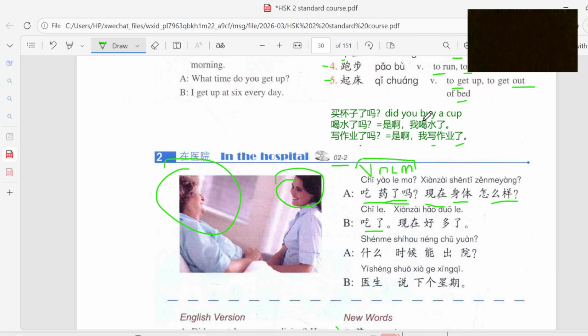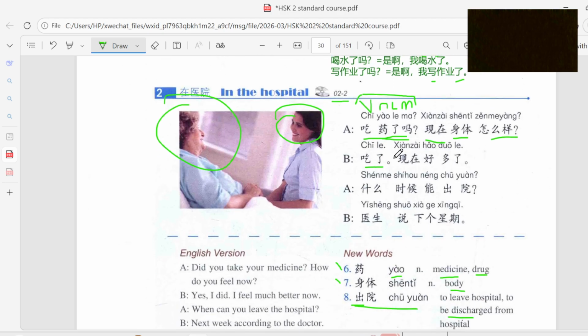Verb plus la. Verb here is what? 喝 plus la. 喝水了吗？吃饭了吗？吃 plus 了，吃了。Did you eat? 吃了，现在好多了。I feel much better now.